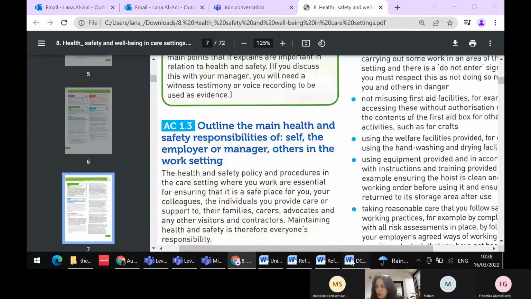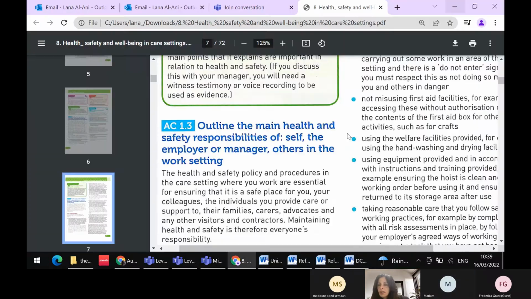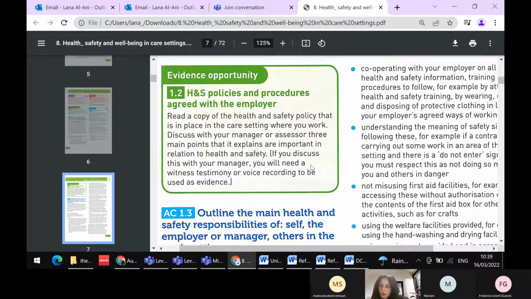So now if I want to answer, outline the main points of health and safety policy and procedure agreed with the employer, what's the main point for us? The main point is that for every care setting, the management should produce a clear policy about health and safety to be followed by the employees.